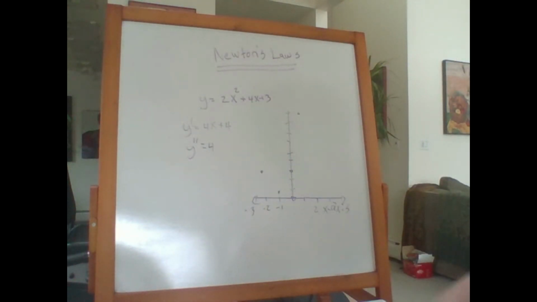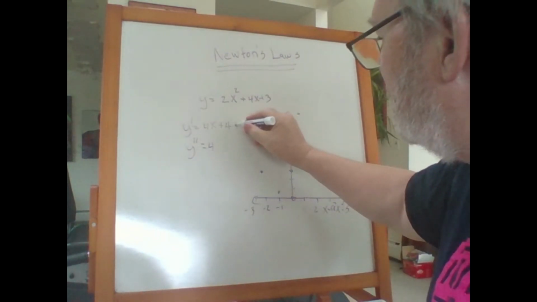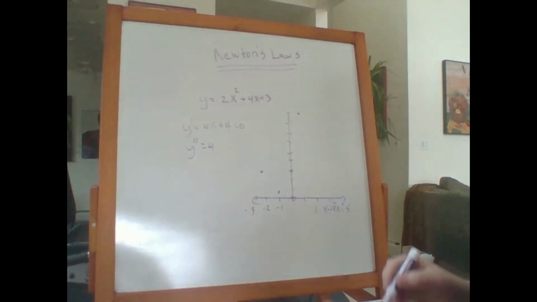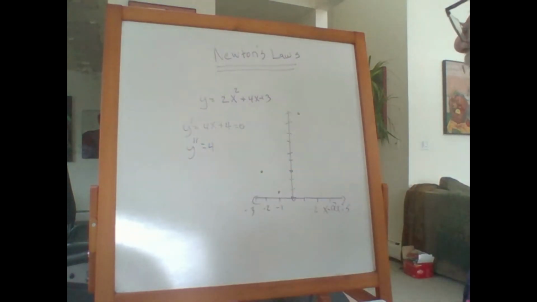And so when this is 0, this means we have no inflection points. This function here can't be 0. It's always 4. So it's a constant, and there are no inflection points.